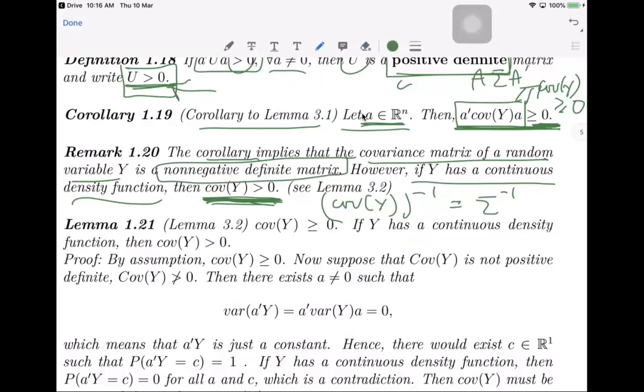The important thing about being positive definite is that its inverse exists.